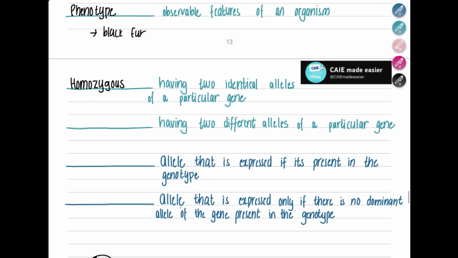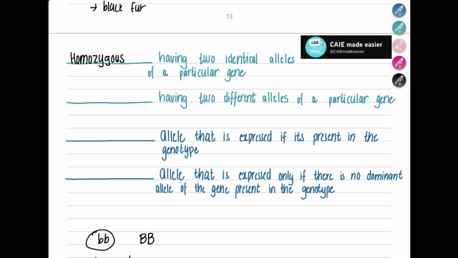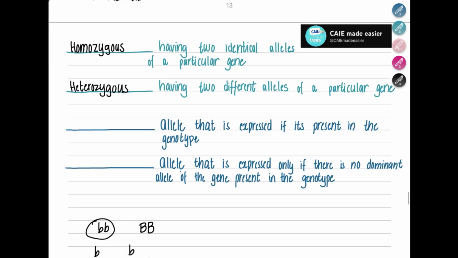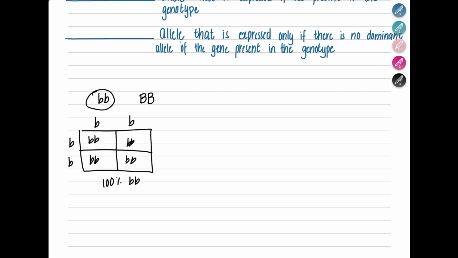Whereas if it's having two different alleles of a particular gene, those are heterozygous. When heterozygous individuals breed, their offspring are not pure. So let's look at our example.